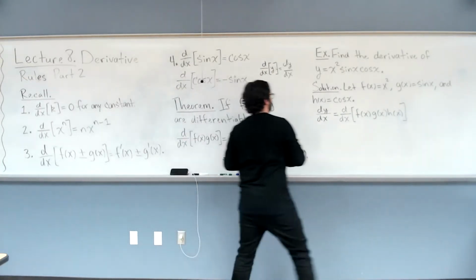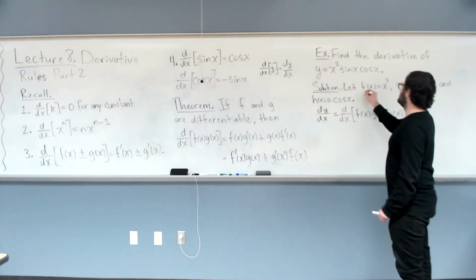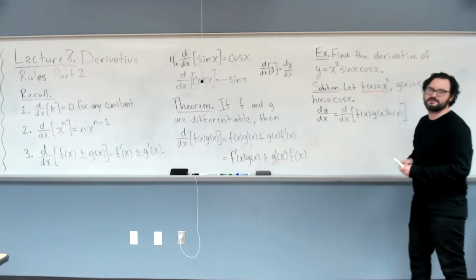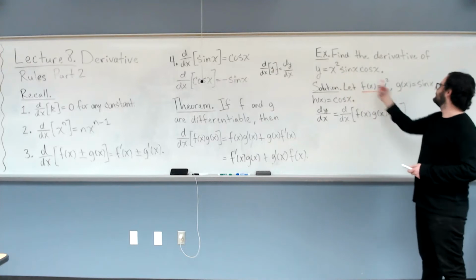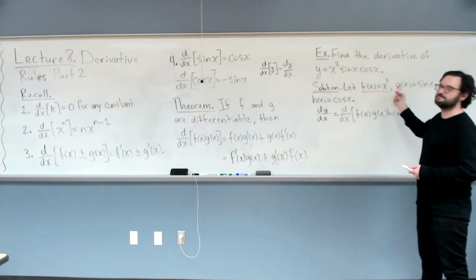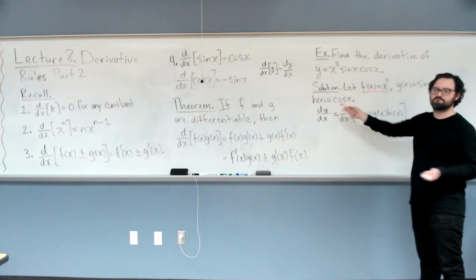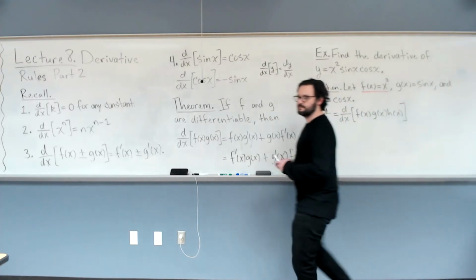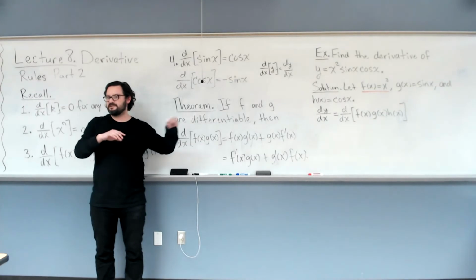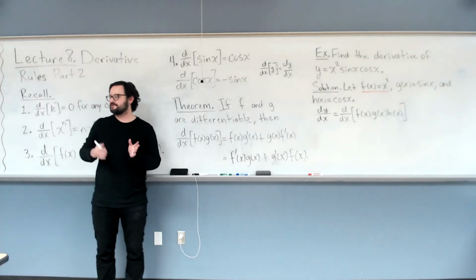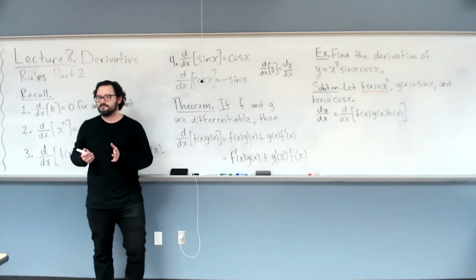Because I said in my solution, x squared times sine times cosine is equal to f times g times h. Now, this might seem like a lot, but I'm taking the thing and breaking it into very, very small pieces that I can understand.